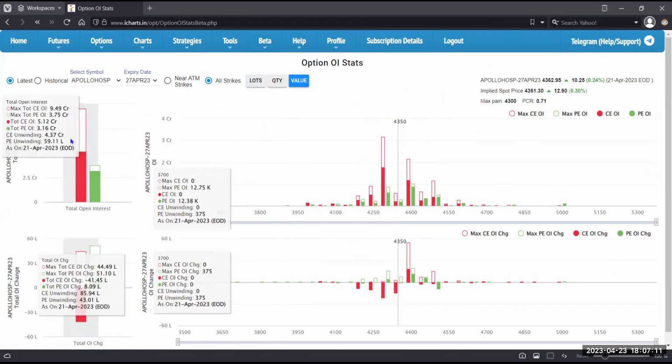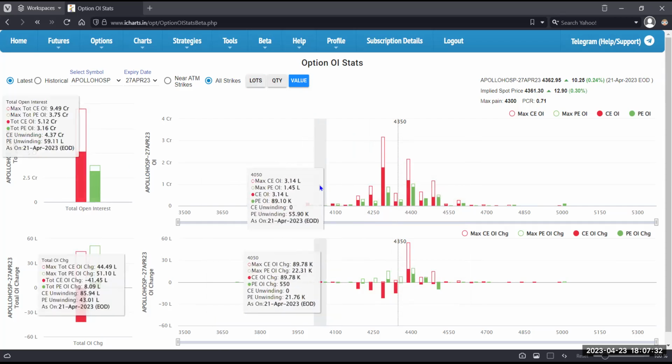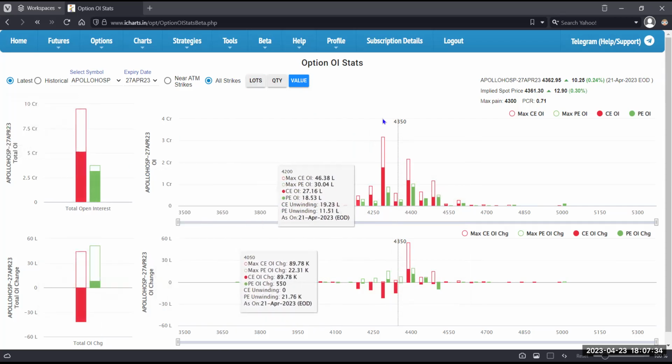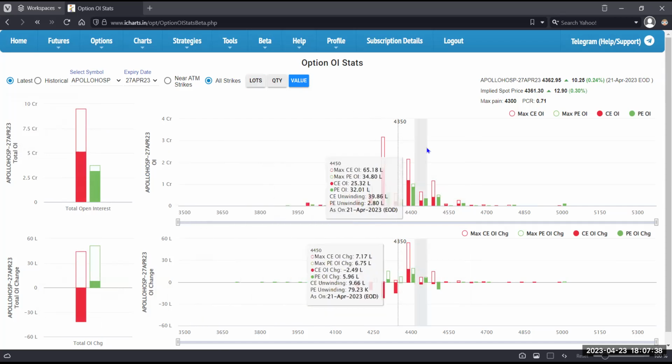So it is the value of whatever options open interest is there. We are getting how much money is at stake. Exactly. Is it using LTP or the settlement price which you get after EOD? Since EOD data is updated, it will be the settlement price that the NSE gives. But during the day it is LTP.